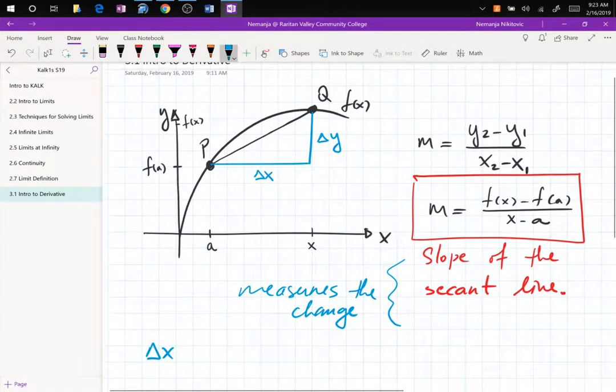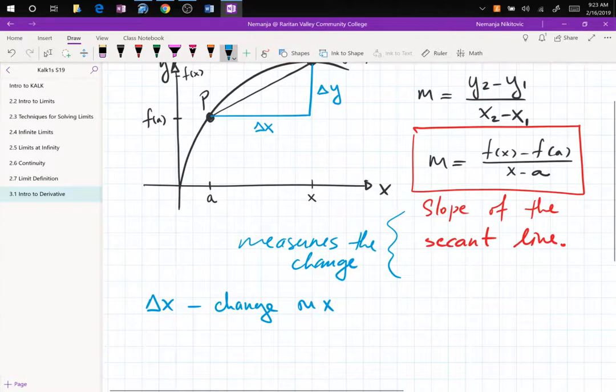So delta x is change in x, and delta y is change in y.